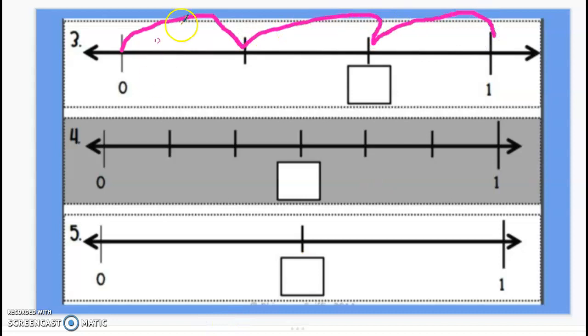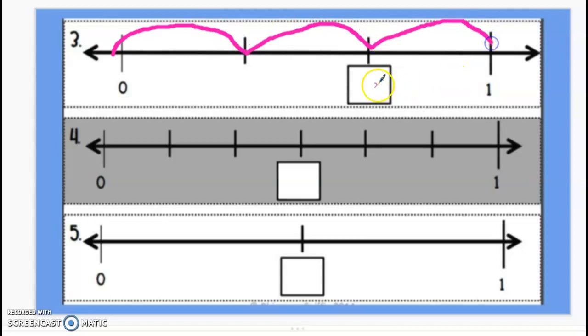Those are not very neat, Mrs. Garza. Let me do that one more time. 1, that's a little bit better. 2, 3. So I know that 3 is going to be my denominator. Good job. And your denominator goes down, so it's on the bottom, okay?